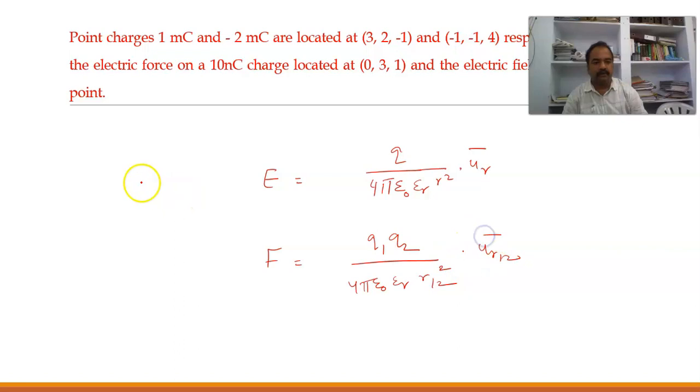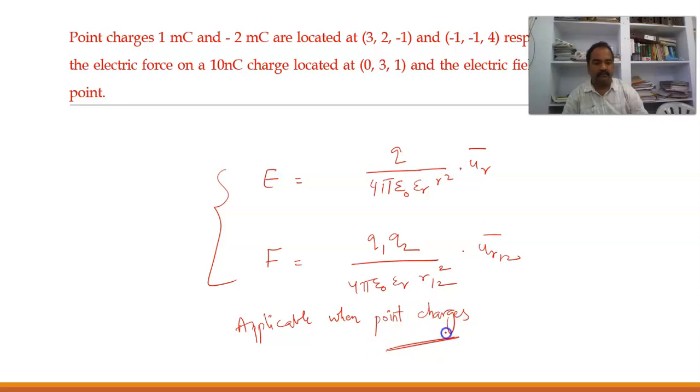These are the two equations, and they are applicable when point charges are there. But when you have continuous charge distributions, these equations are to be modified. That we will see in our next video lecture. Thank you.